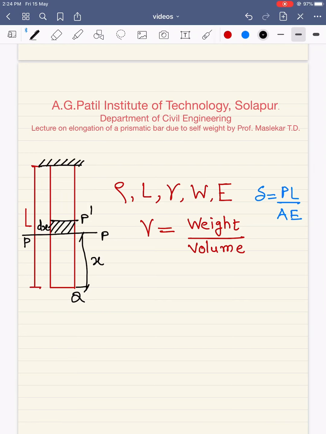So for that we'll calculate the weight of the element PP dash.